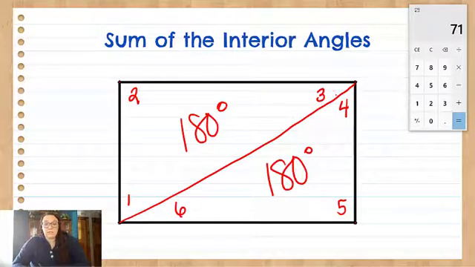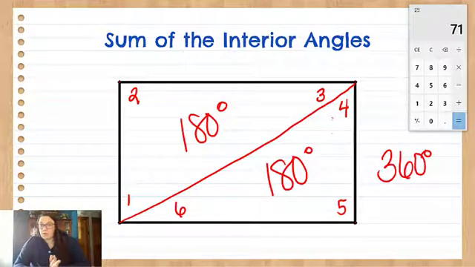The angles within the rectangle are 2 plus 1 plus 6 plus 5 plus 4 plus 3, so this makes 360. So the sum of the interior angles of a rectangle is 360.